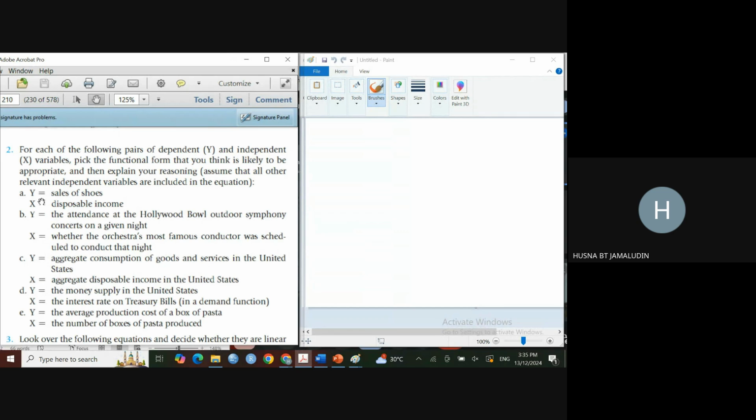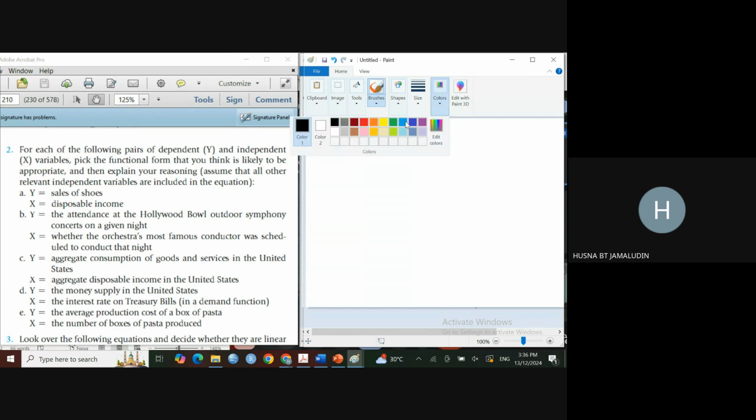Okay, so by looking at these variables, you should know how they look, right? I don't really have to write y equals x. What y is actually is sales. So I don't really have to write down sales equals disposable income, or do I need to write it down?